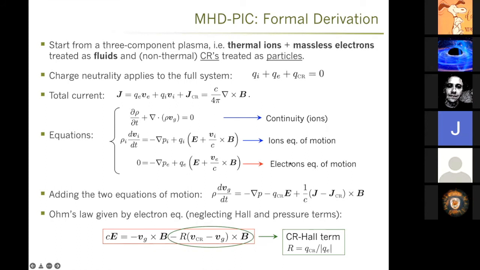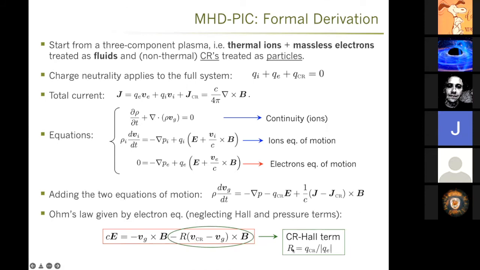And then in the electron equation of motion, you have an extra term which accounts for the relative motion between the cosmic rays and the gas. This is called the cosmic ray Hall term. It is parameterized by this quantity, which is essentially the ratio between the cosmic ray charge density and the charge density of the electrons. This is a small number.